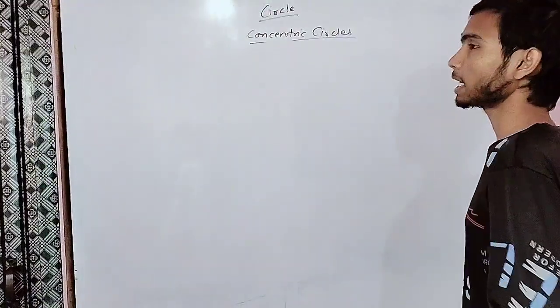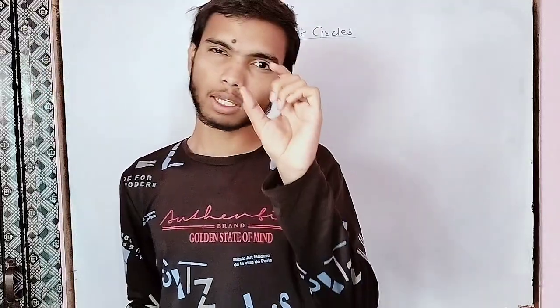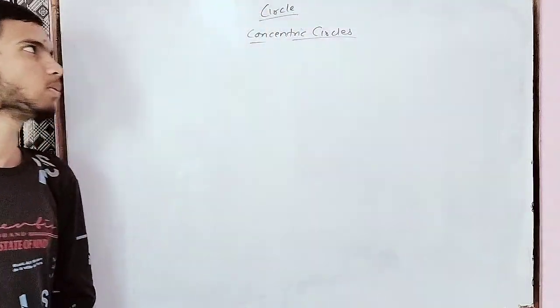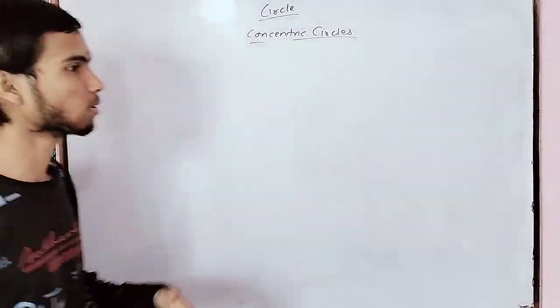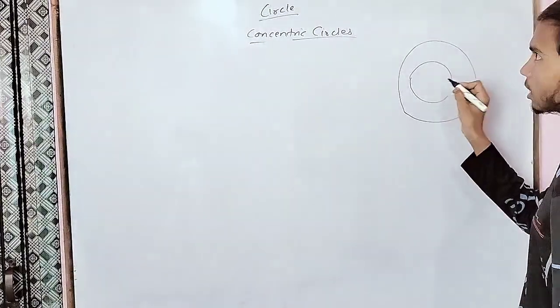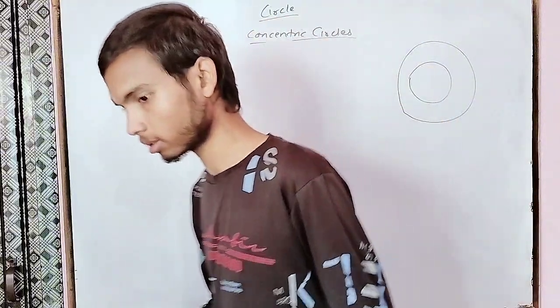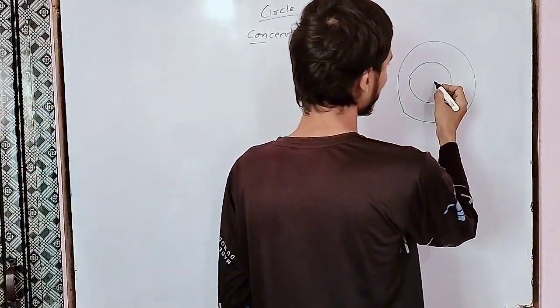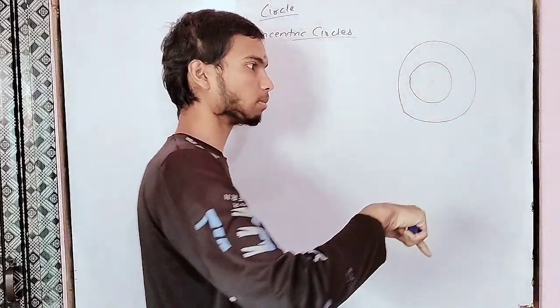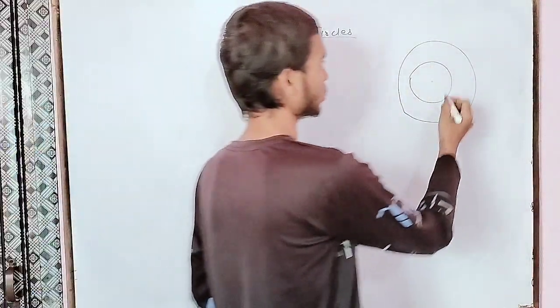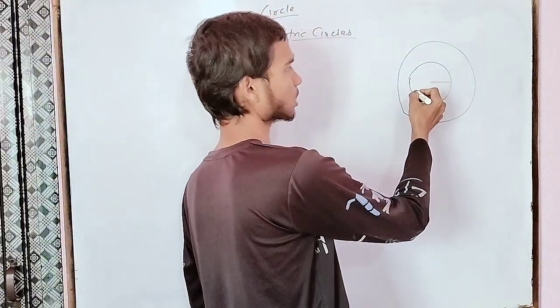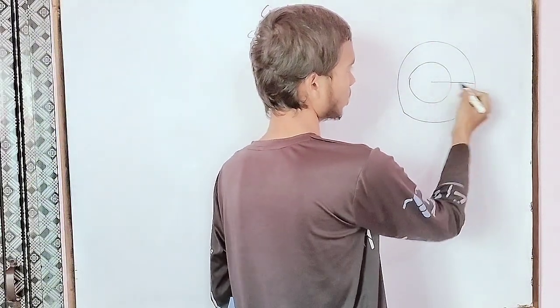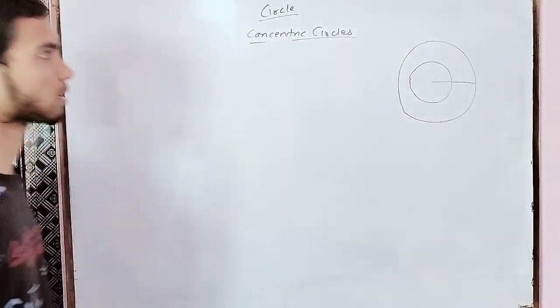It means there can be more circles whose radius will not be the same. The radius will be like that. This is one, and there are two circles, and the radius starts from the same center for both circles. So the center will be the same for both circles. From here to here is the radius for this circle, and from here to here is the radius for the big circle. This is the meaning of concentric circles.